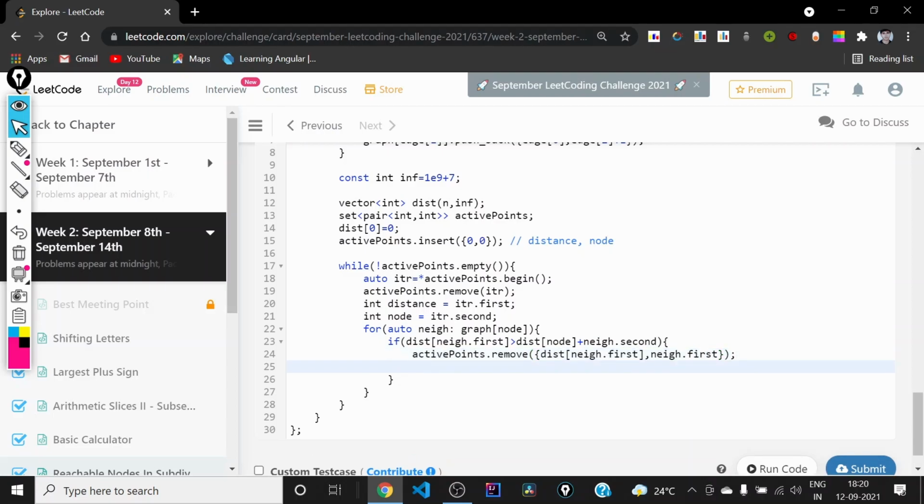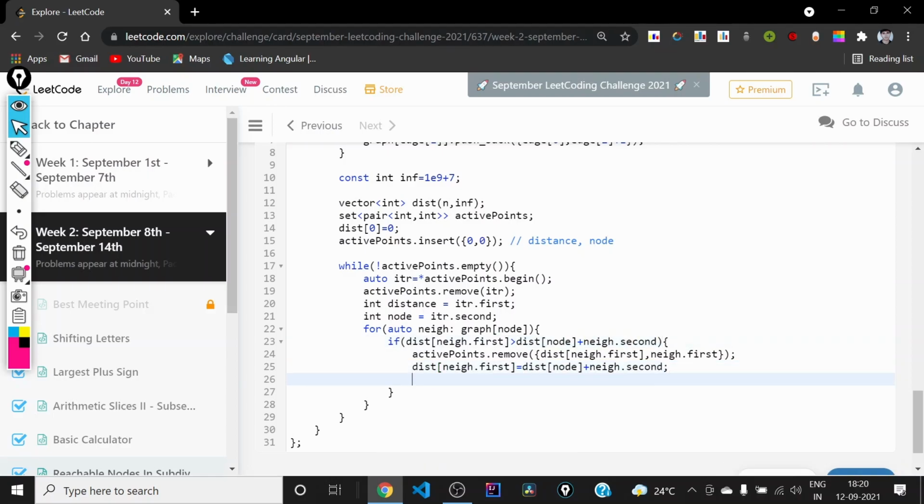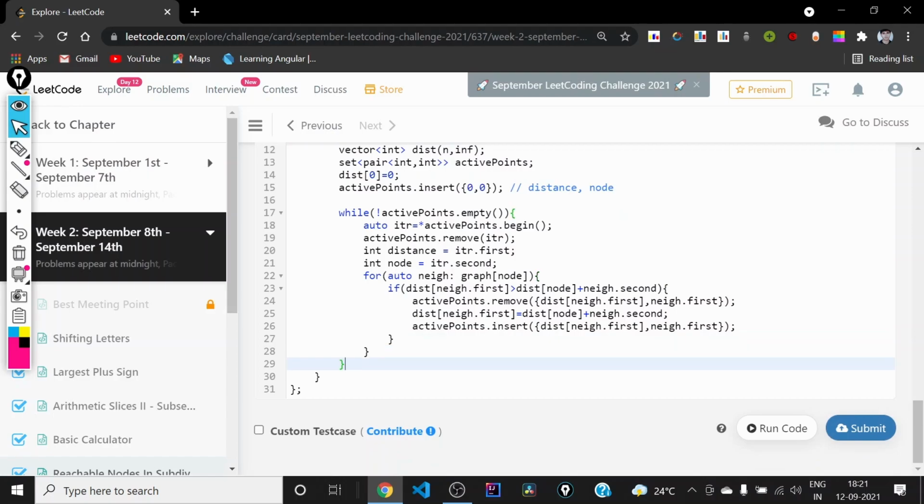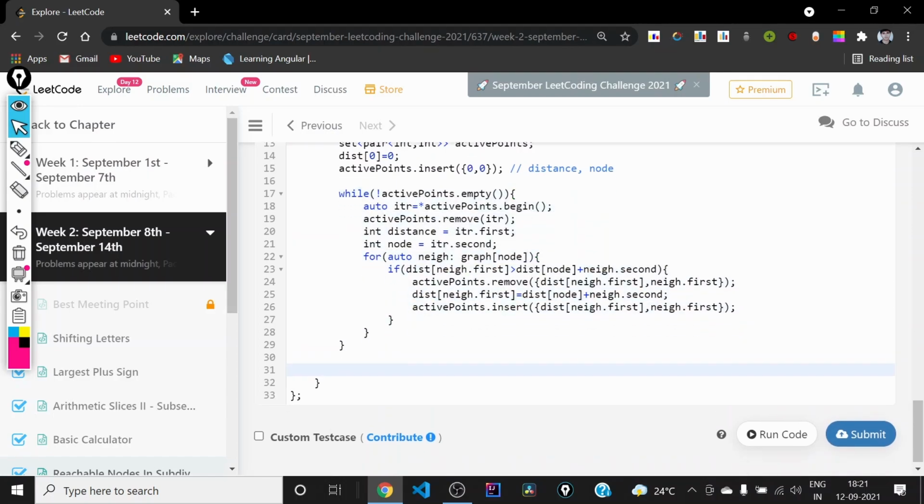After removing, we will have to update its distance. So its distance is now equal to this, and then we can again insert this point after updating its distance. Its distance has been updated now, so we can insert it along with its distance and the node number. This whole while loop will calculate the minimum distance for all the nodes from the node 0.